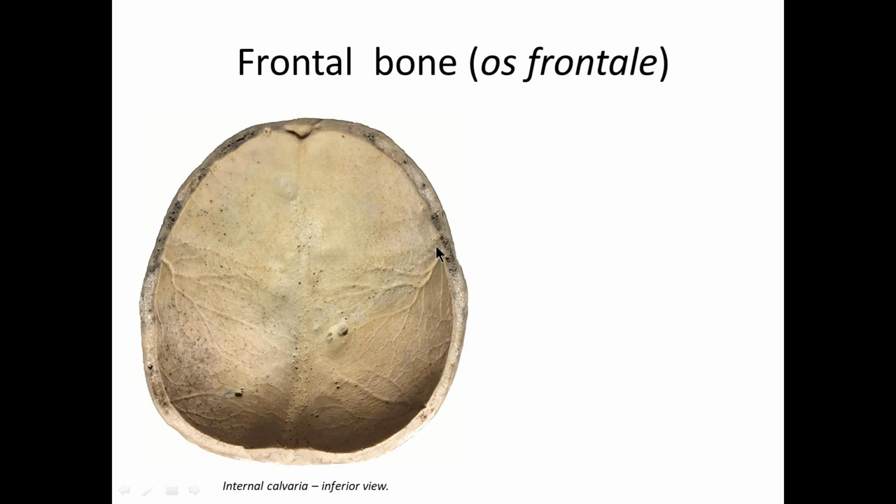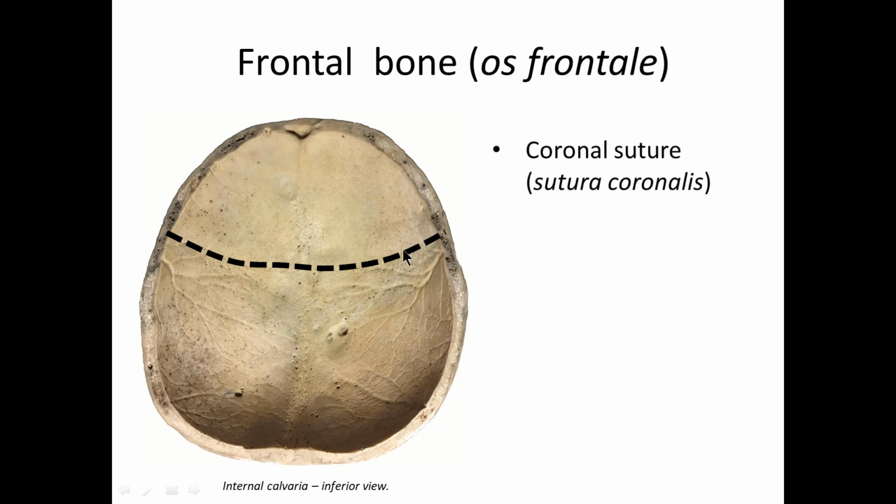Let's look at the frontal bone from the inside. In this case, we are looking at the cranial vault, or calvaria. Frontal bone ends more or less in the location indicated with a dashed line here. This line correlates with the coronal suture, sutura coronalis.